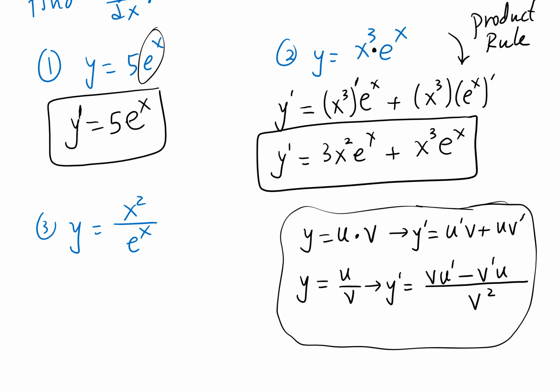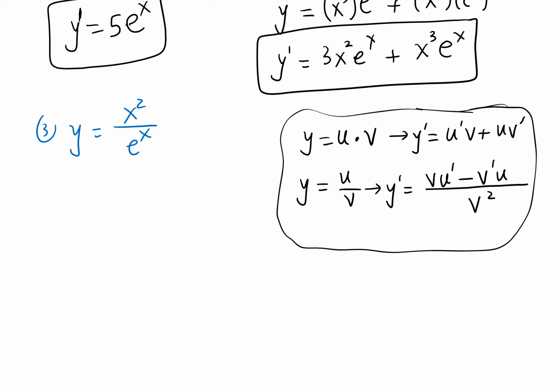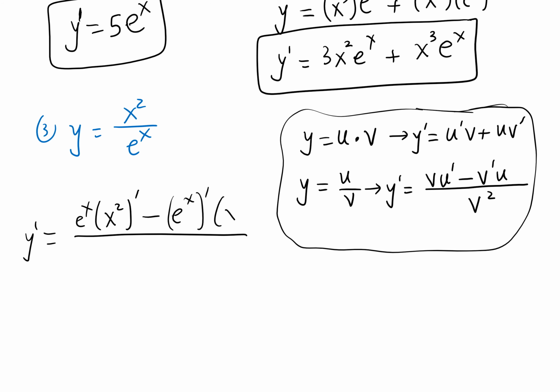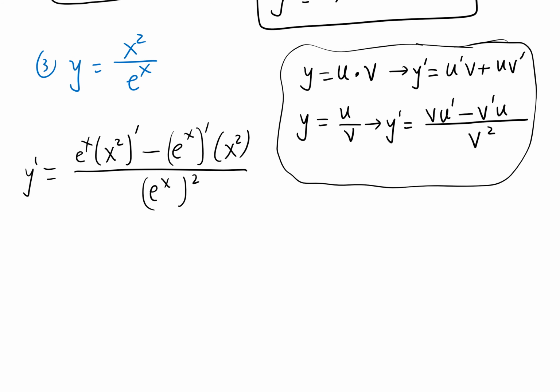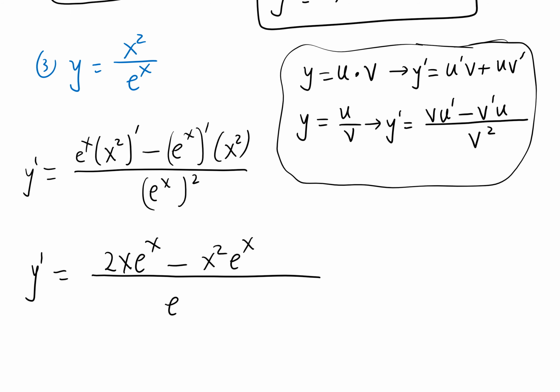So for number 3, we're going to be using the quotient rule. y prime: the denominator times the derivative of the top minus the derivative of the bottom times the top, over the bottom squared. So y prime equals 2x e to the x minus x squared e to the x over e to the x squared, like e to the x times e to the x.